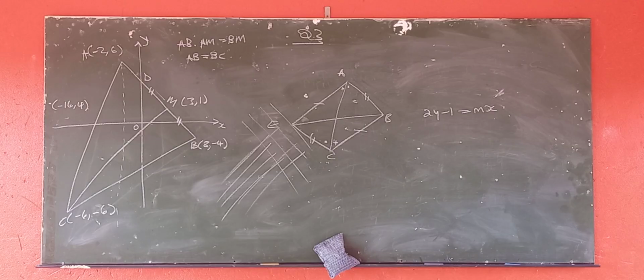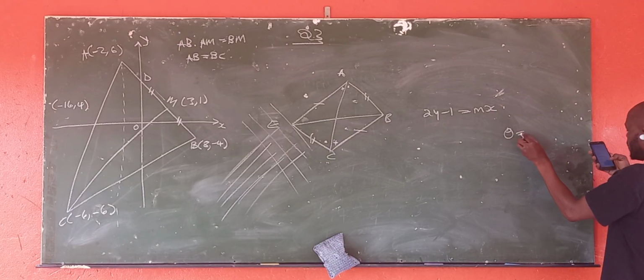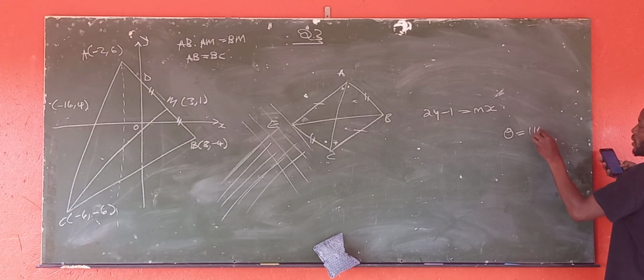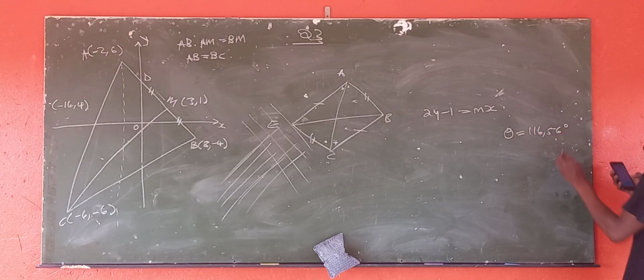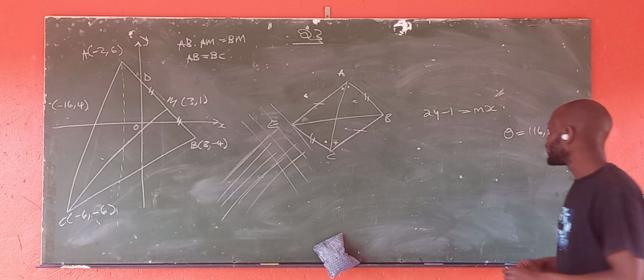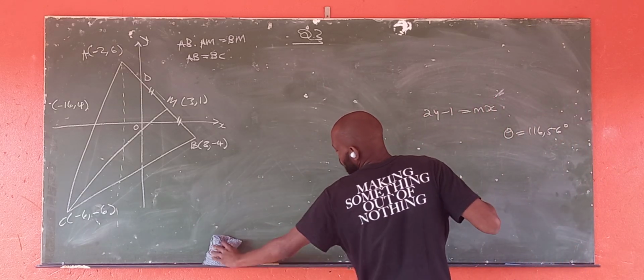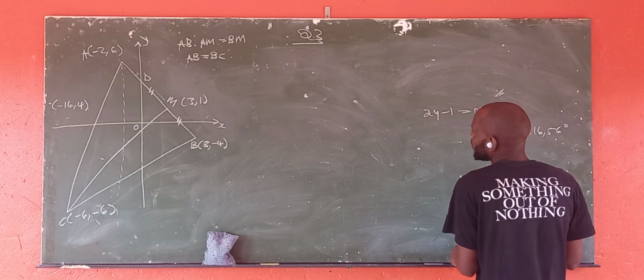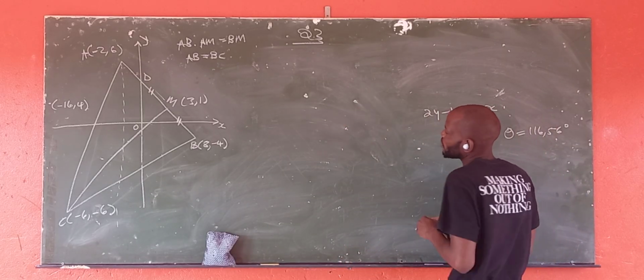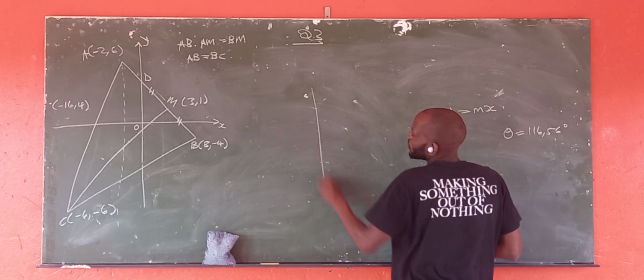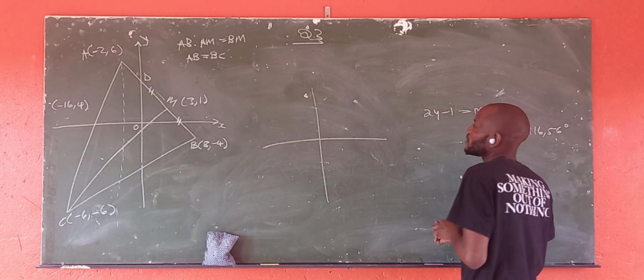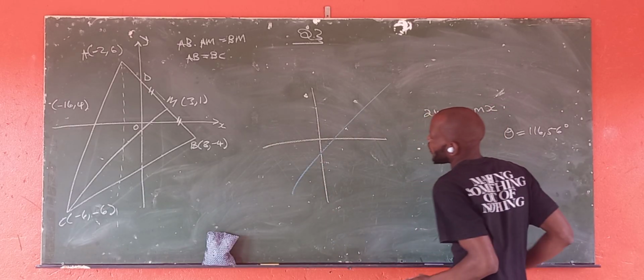Determine the value of m if the line has an angle of inclination of theta equals 116.56 degrees. So with the angle of inclination, it is the angle that the line makes with the positive x-axis. Let's say maybe this is our axis, and this is our line.